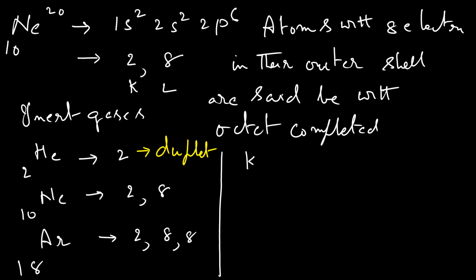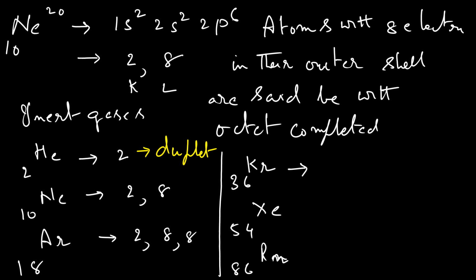Next element is krypton, Kr, with atomic number 36, xenon 54, and radon 86.